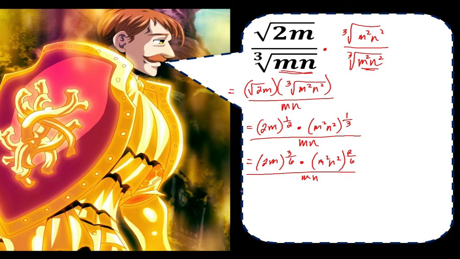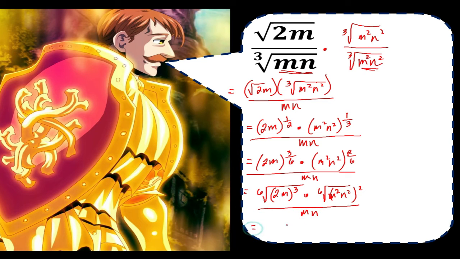Then, transform into radical expression, the 6th root of 2m cubed times the 6th root of m square n square raised to 2 again, and also mn.